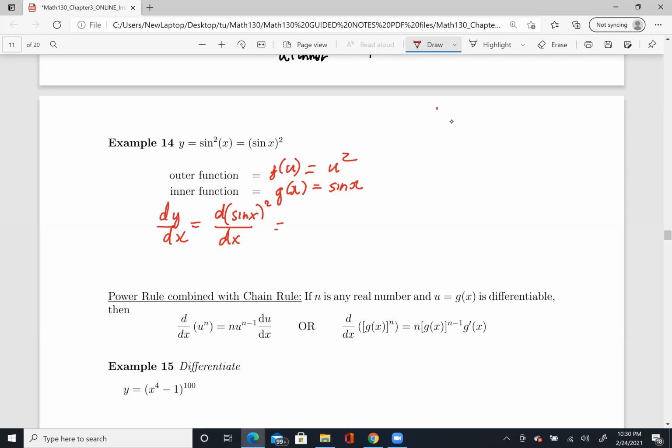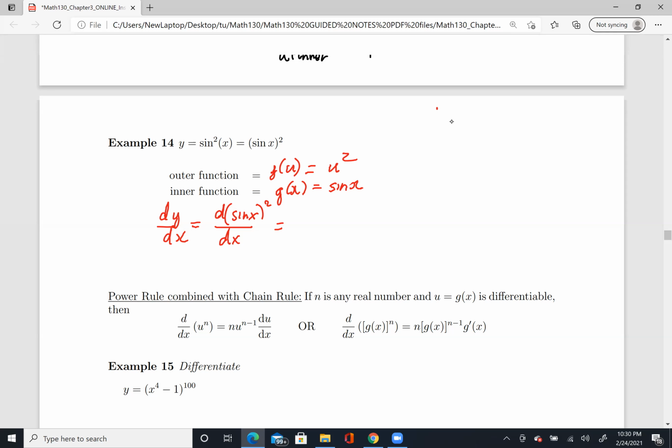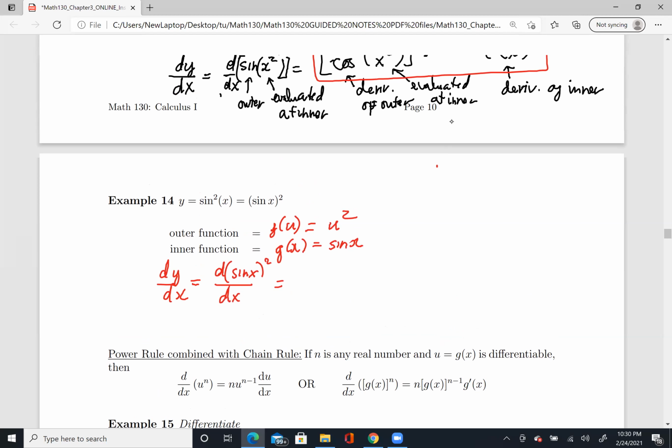Okay, so first is the derivative of outer, right? The derivative of the outer function, which is 2 times the evaluated at inner.